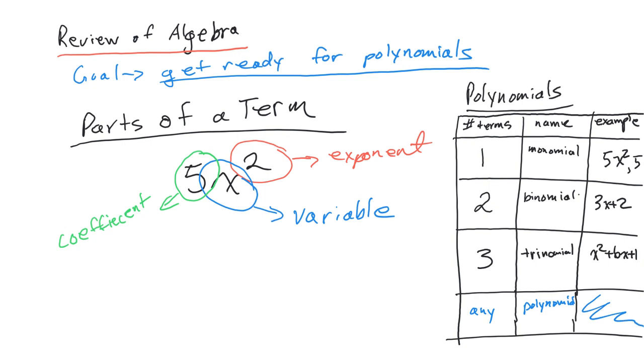Just understand all of these three things are called polynomials, but their unique terms within polynomial is monomial, binomial, and trinomial. Monomial meaning one, binomial meaning there are two distinct terms, and trinomial meaning there are three distinct terms. Now take a moment, copy that down, and then we'll move on to the work for today.